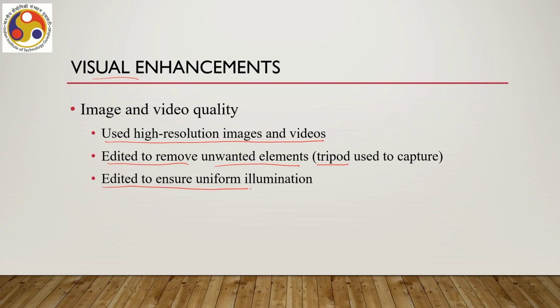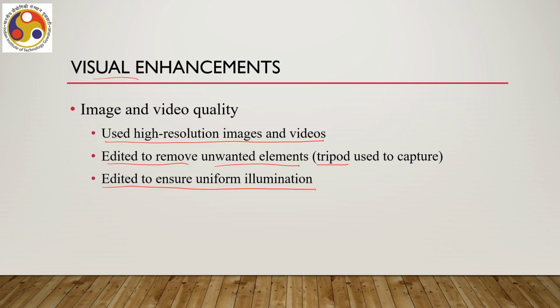That we did through pre-processing, and we also edited the images and videos, mostly the images, to ensure uniform illumination. The images were taken at different points of time, so accordingly the illumination effects were different. However, when we are using the images to create a scene, ideally what we expect is that the same illumination effect is there, because the user is exploring the scene at a given instance of time.